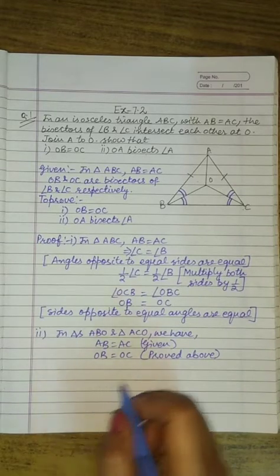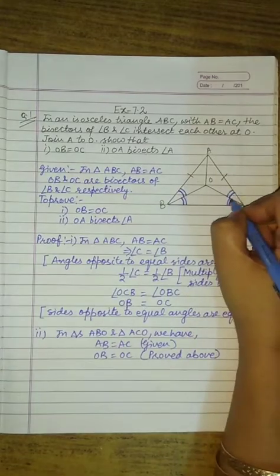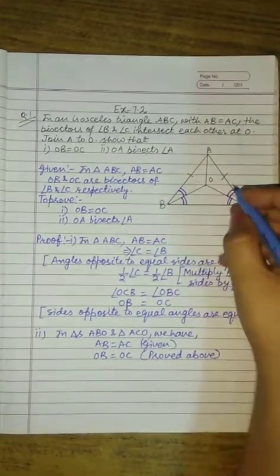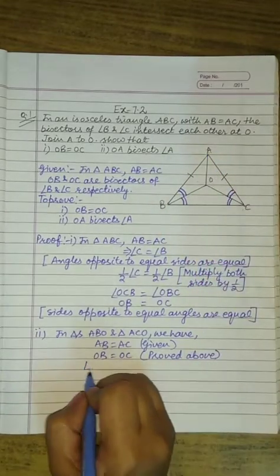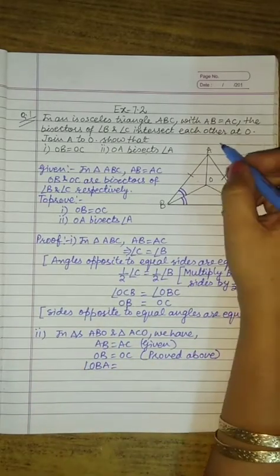Then now we are using second half of angle B and second half of angle C, which we have not used earlier. So angle OBA is equal to angle OCA.